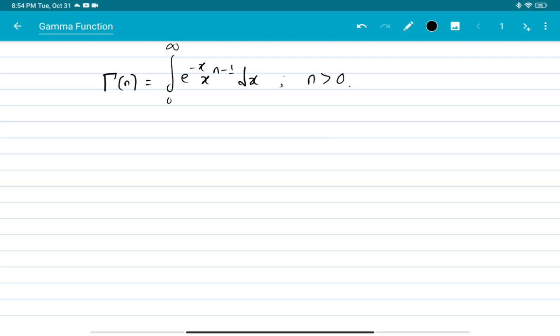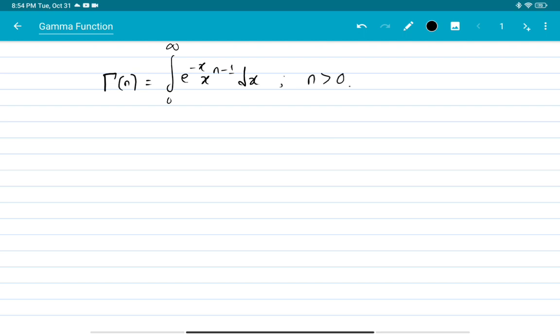So before evaluating this gamma function, we'll first check the convergence of this gamma integral, to see whether this gamma function is convergent or not.